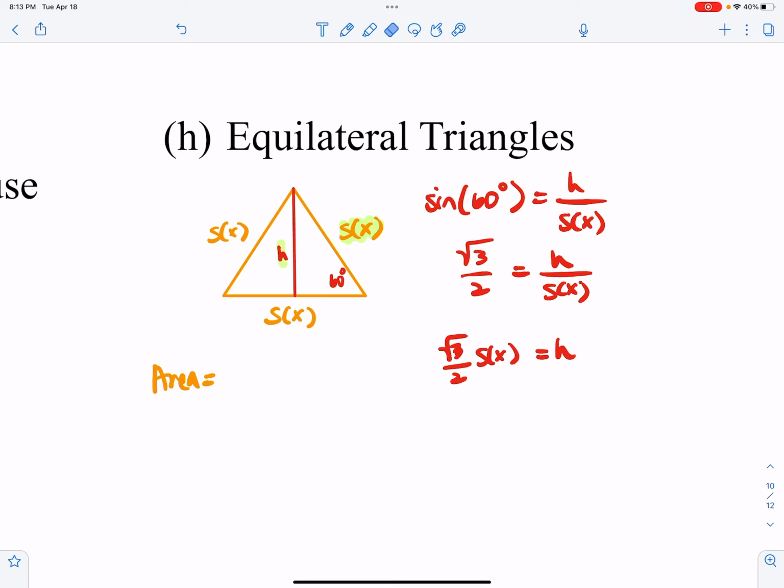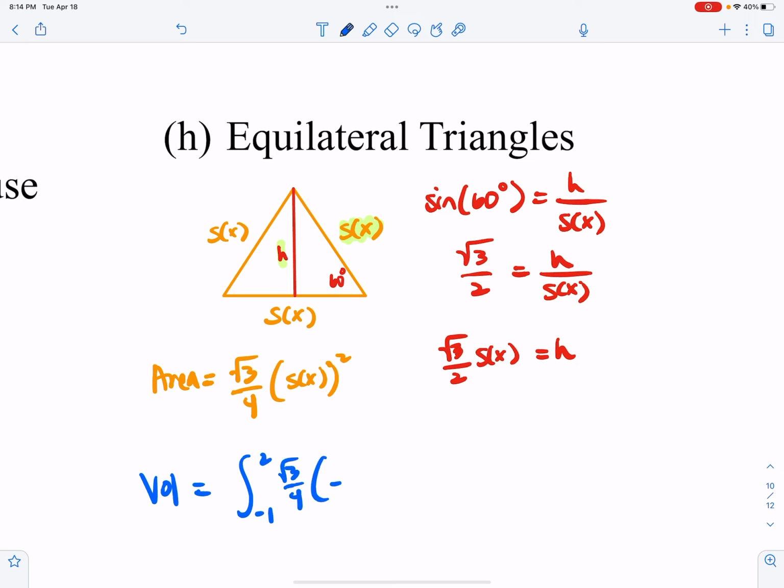So that would end up being root 3 over 4 times s of x squared. So the volume of the solid that's generated would be the integral from -1 to 2 of root 3 over 4 times -x squared plus x plus 2 squared dx.